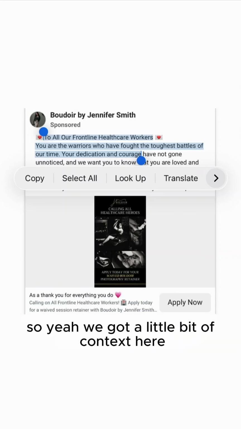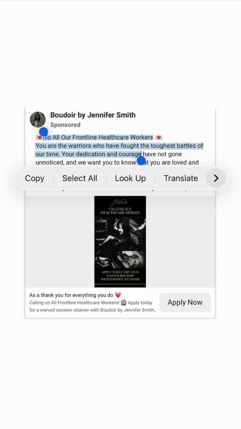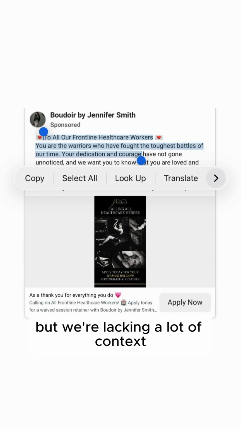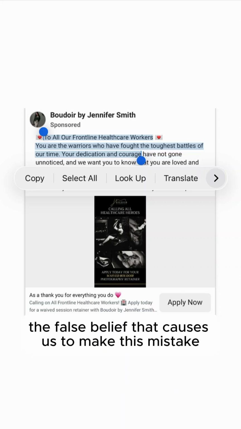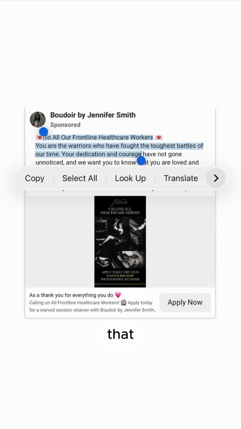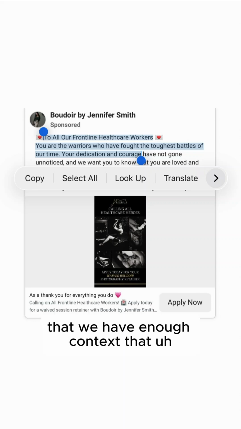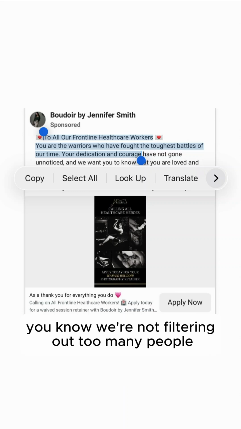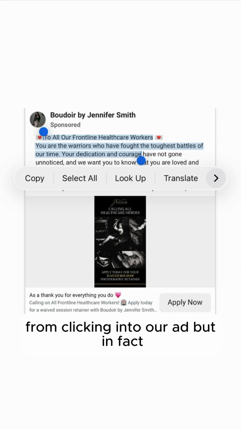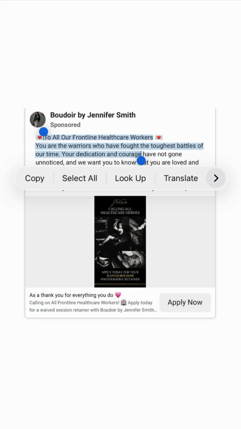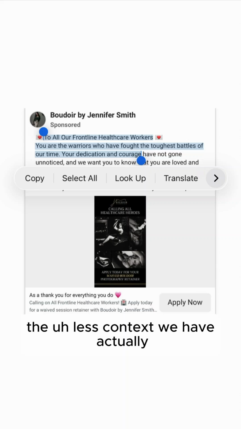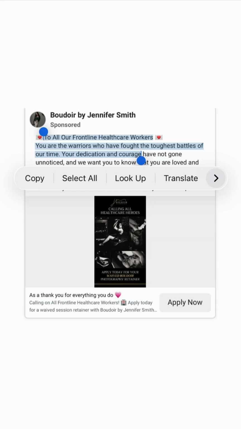Okay, all right. So, yeah, we got a little bit of context here, but we're lacking a lot of context. So it's the lack of context mistake. The false belief that causes us to make this mistake is that we believe we have enough context that we're not filtering out too many people from clicking into our ad, but in fact, the less context we have, the fewer people will be clicking into our ad, up to a point.